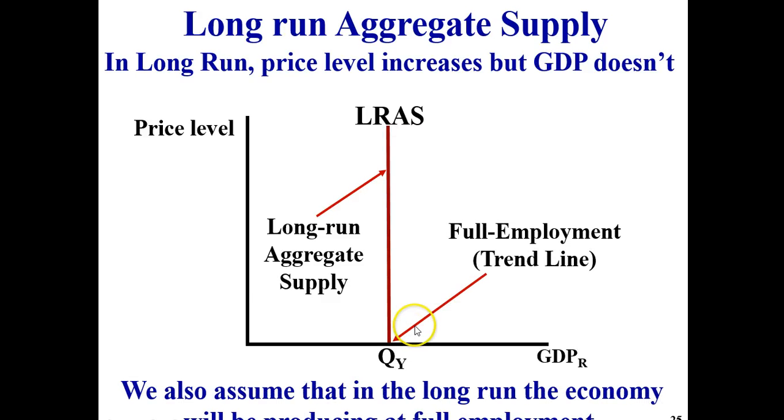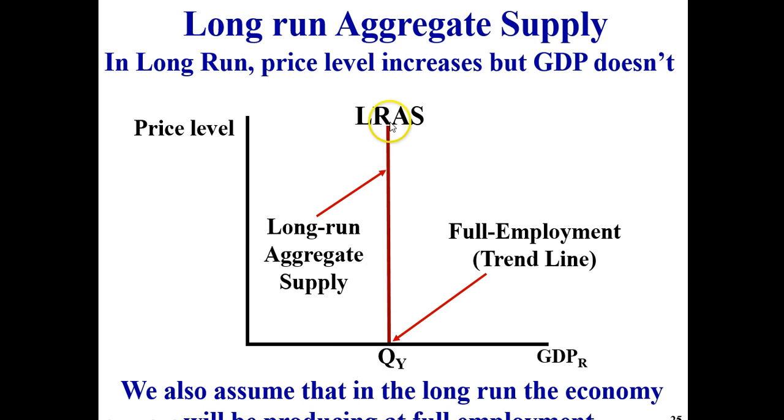Now, another thing that we call the long run aggregate supply curve is the full employment line, or a trend line is another word for it. We call it full employment because it represents full employment of all of the economy's resources. Sometimes you'll see this QY represented as Q star, but it means the same thing.